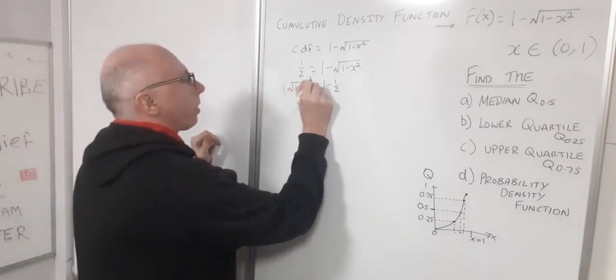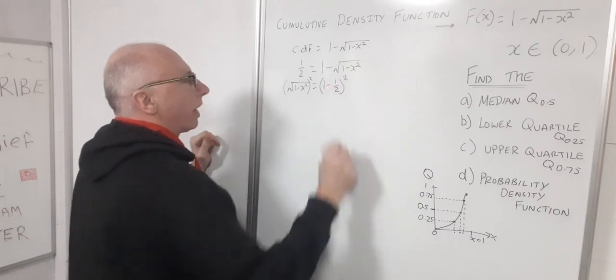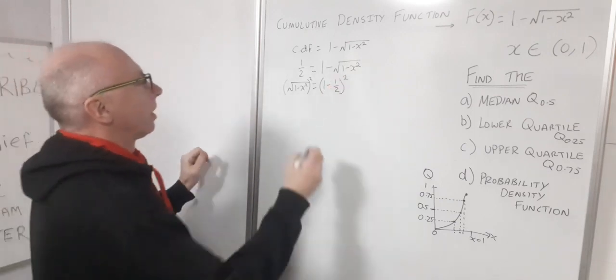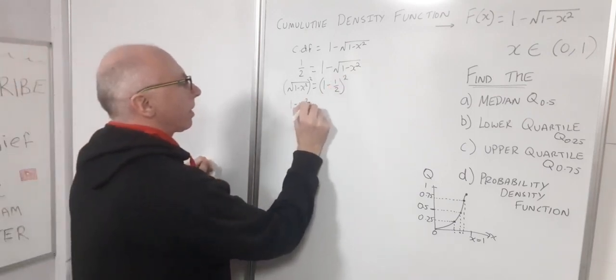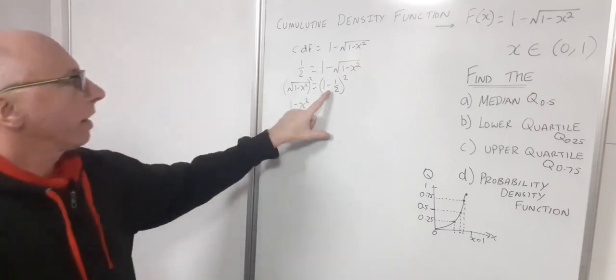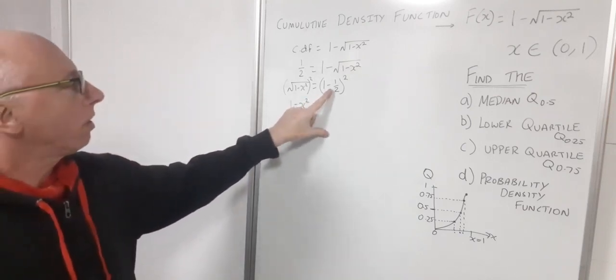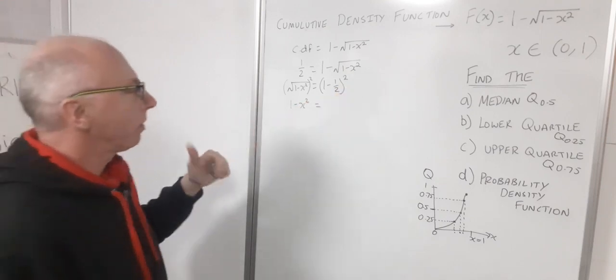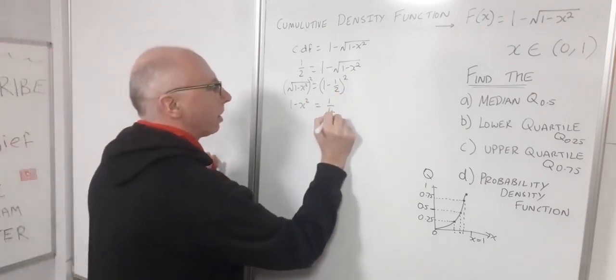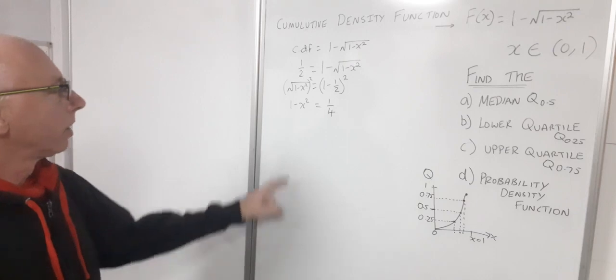This will leave me with 1 minus x squared, and here I've got 1 minus a half, which is a half. Square a half, I've got a quarter. So that's what I've got there now.